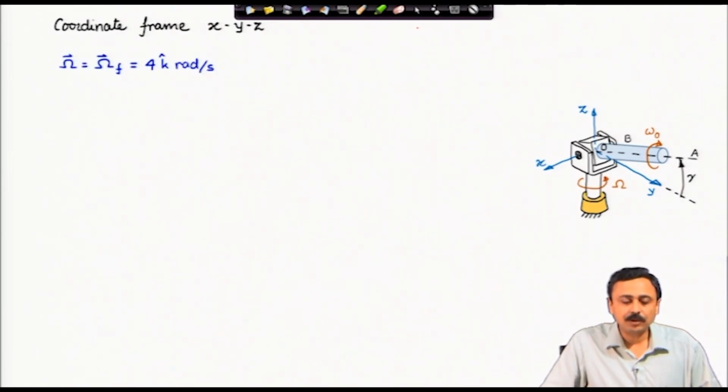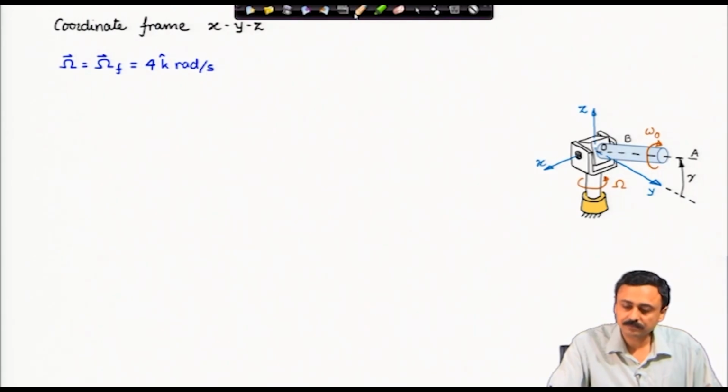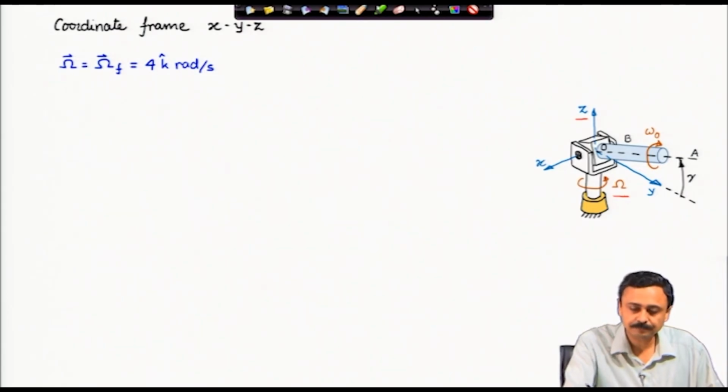Let us express these vectors in the frame we have chosen, the x, y, z frame. The frame angular velocity is straight away 4 k cap radian per second, because omega is about the z axis.